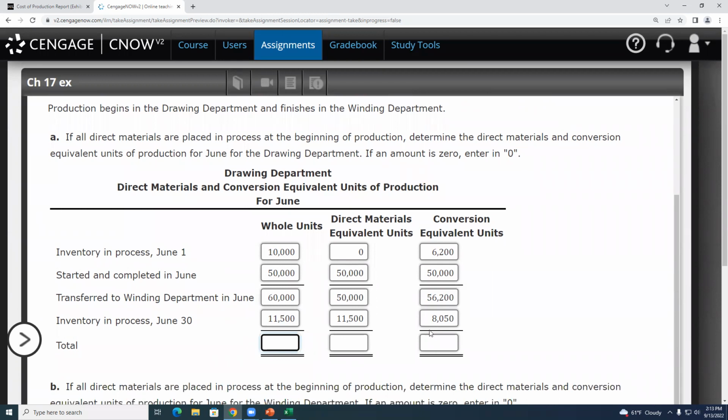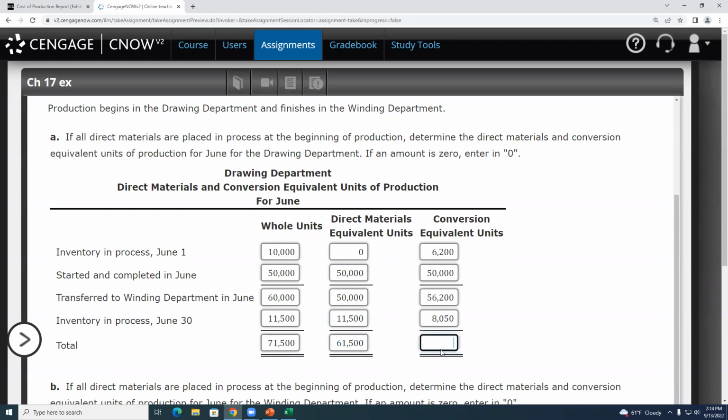And now we just need to add these last two rows together. So for whole units, 71,500. 10,000 were in beginning inventory. We started another 61,500 during the month. We finished 60,000 and transferred those to the next step in the process. And we had 11,500 that we were still working on at the end of the month.